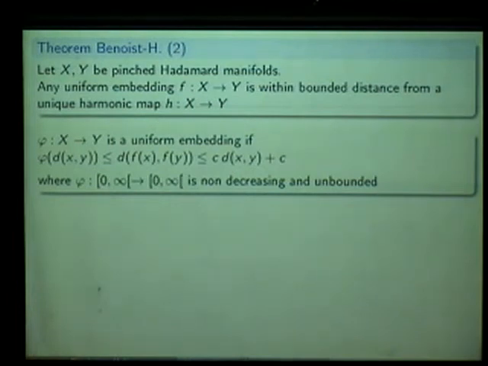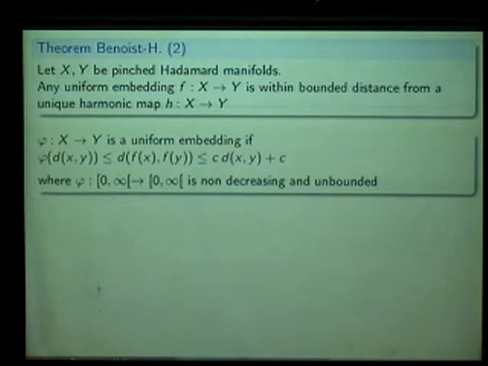This coarse or uniform embedding is a map from X to Y for which the distance between the images is still bounded above by a linear function of the distance, but for which the bound from below is any unbounded non-decreasing function, which is allowed to grow as slowly as possible.